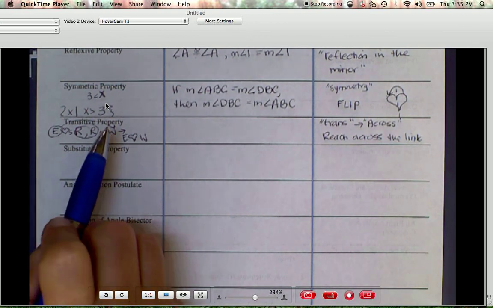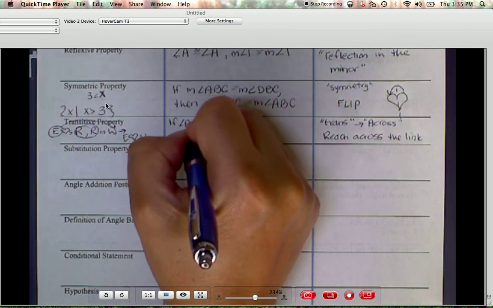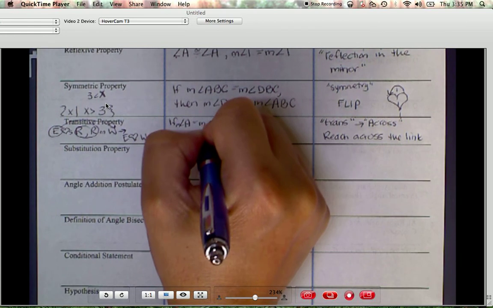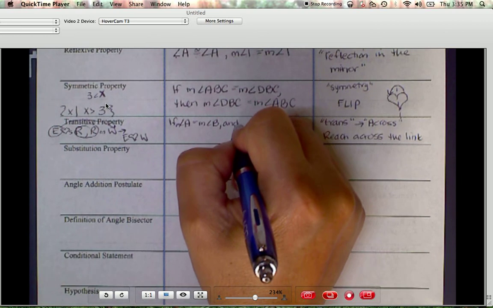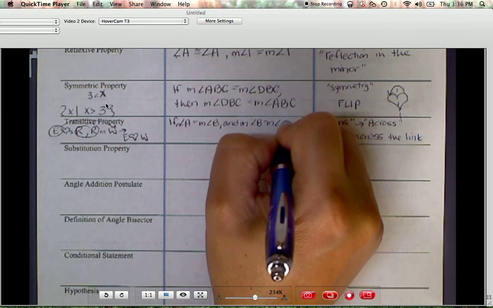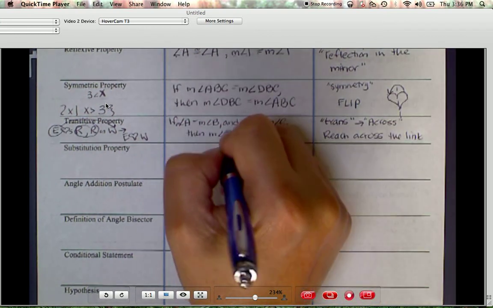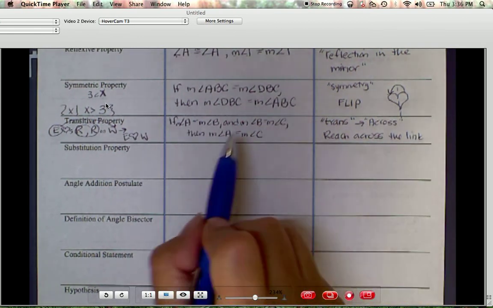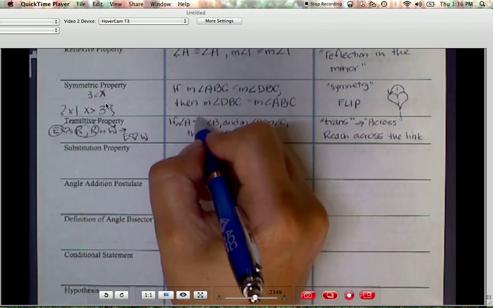So let me put this in math terms for you. If we had a statement that says, if the measure of angle A equals the measure of angle B, and the measure of angle B equals the measure of angle C, then the measure of angle A equals the measure of angle C. Now, some would argue that this should be congruent.